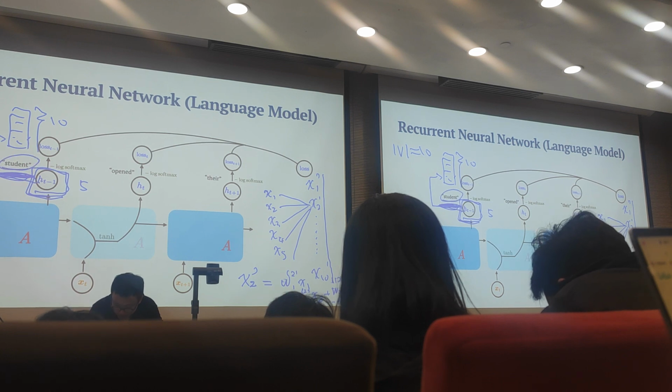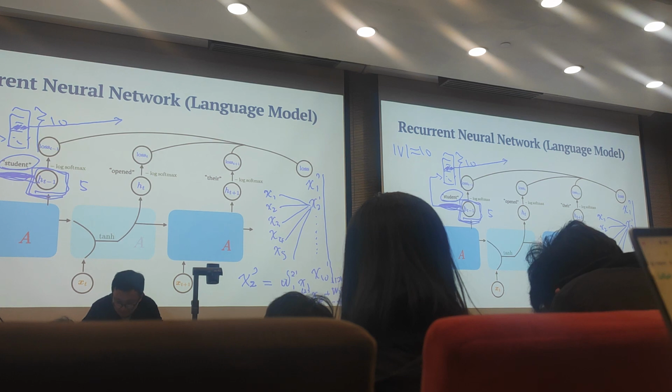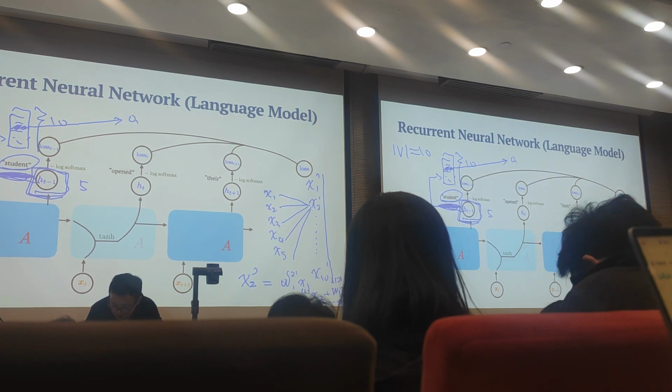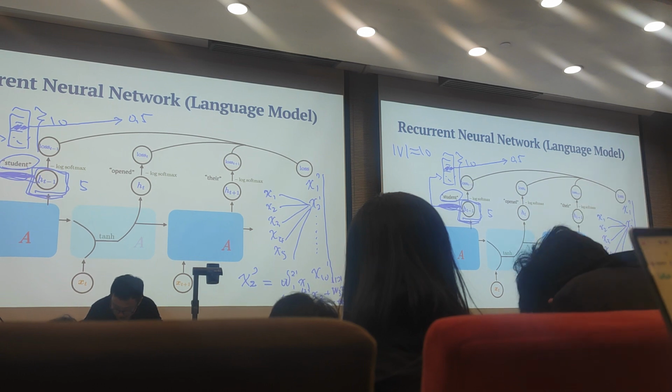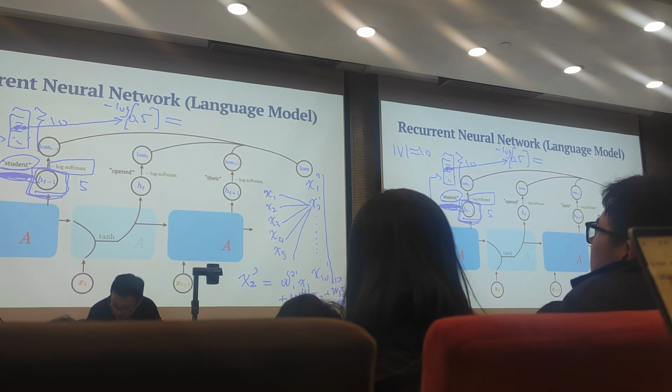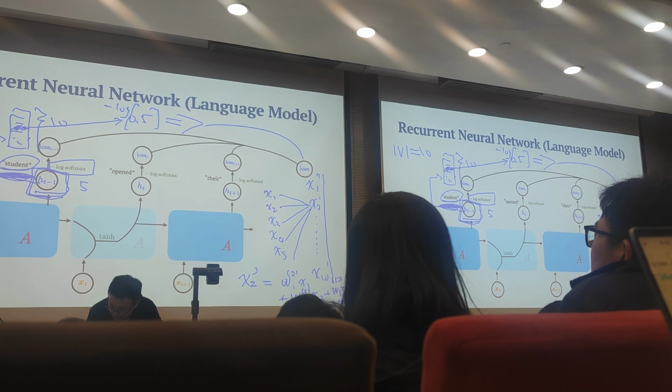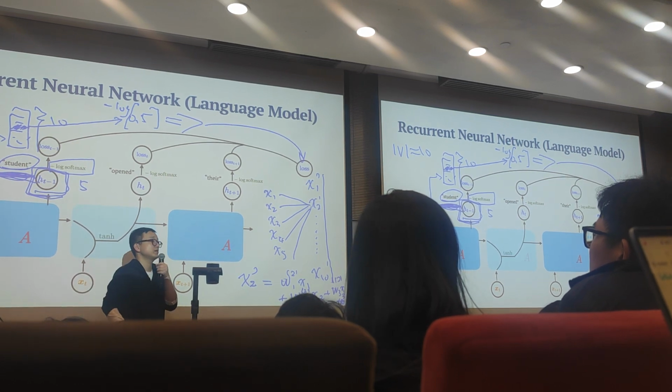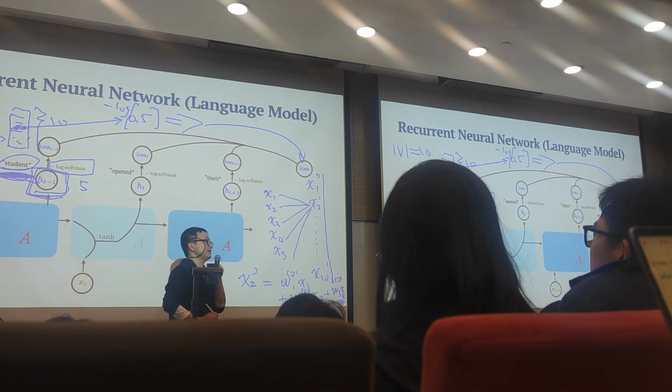And we know the next word is students. Say students is word number 3. Then we pick this up, right? We're picking this probability up. So for example, the probability is 0.5. Then we compute the negative log on top of this. And then we can compute the loss there. And then we will be adding it up into the final loss. Okay? So there is a selection inside this thing.